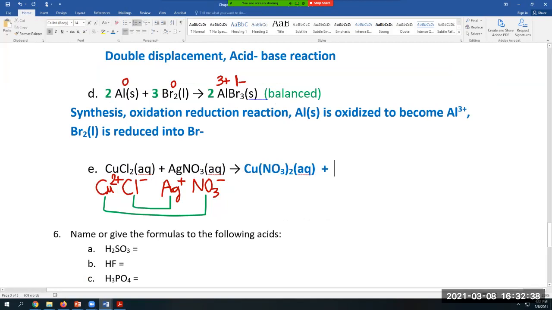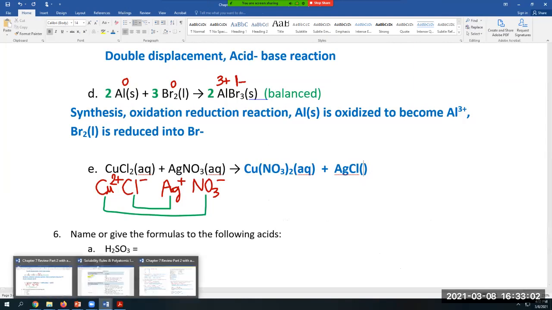And then we have the silver, Ag plus, going with the chloride, Cl minus. 1 positive charge, 1 negative charge. So it looks like one of each ion will make this a neutral formula. So that's going to be the formula, AgCl. So let's find out the physical state.